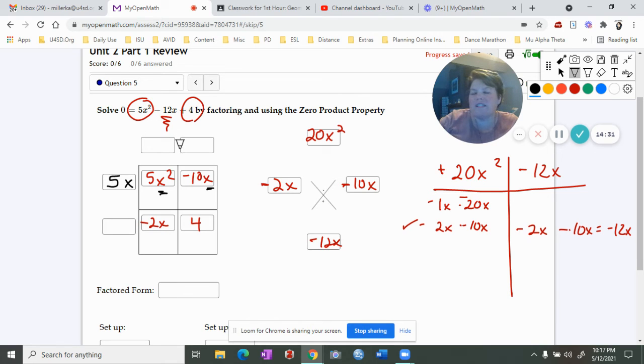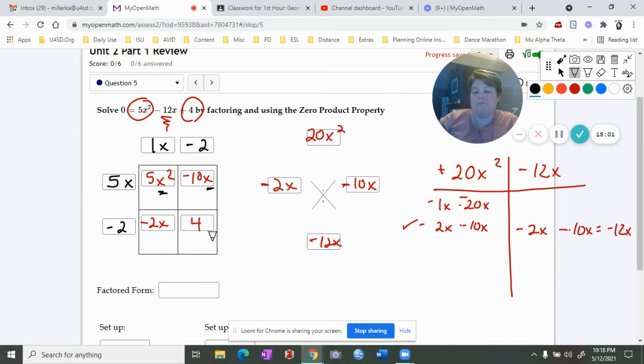So 5x times 1x is my 5x squared. And 5x times negative 2 is negative 10x. All right, cool. What times 1x is negative 2x? Well, I'm pretty sure that's negative 2 also. Negative 2 times 1 is negative 2, and then the x is already there. All right, there's our factored form.